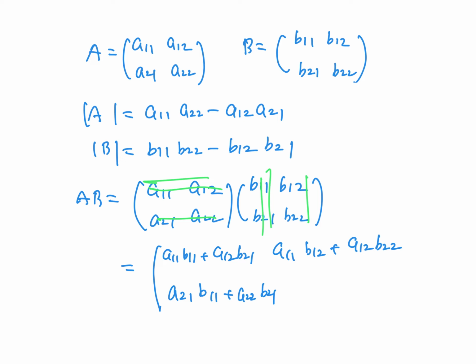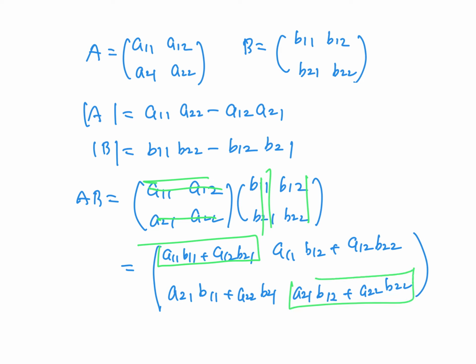Finally, A21, B12, A22, B22, right? So determinant of AB, you can just do it by multiplying this, and this, subtract this, right?